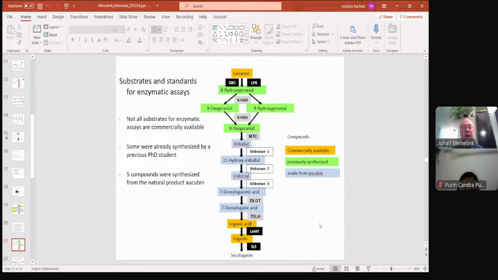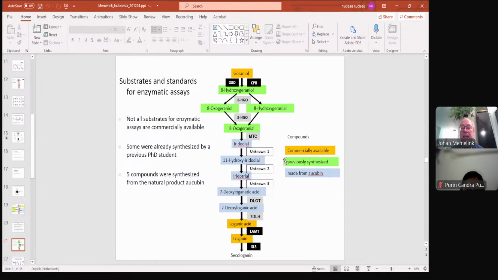And there you run into another problem, and that is that many of the natural compounds from plants are not commercially available. So I've indicated here the different compounds in the pathway and which ones are commercially available. Those are the ones in yellow. So geraniol, the first compound, and the two last compounds, loganic acid and loganin, and actually secologanin, are commercially available, but the others are not commercially available.